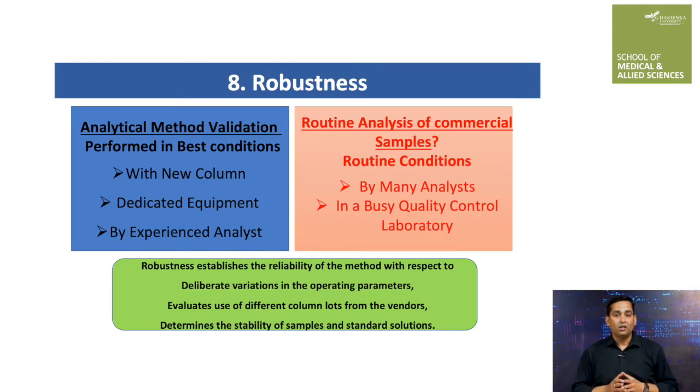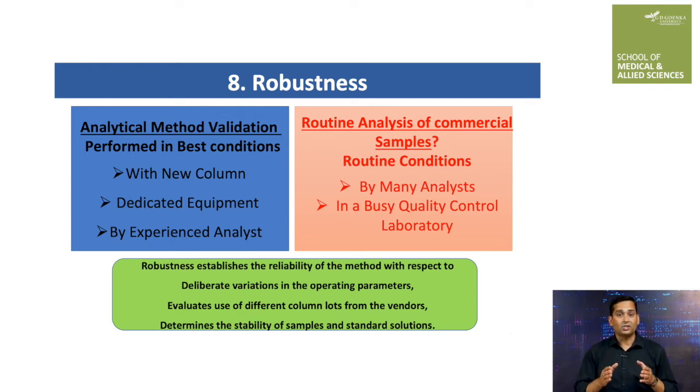This slide talks about robustness, which is the next parameter of method validation. We all know that new analytical methods might be developed under the best conditions in a laboratory, for example, with a new column, dedicated equipment, and an experienced analyst.